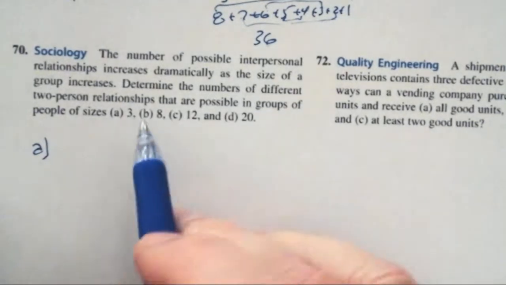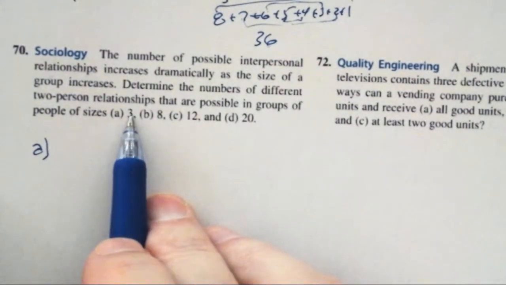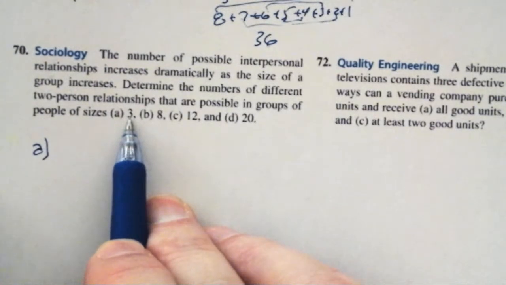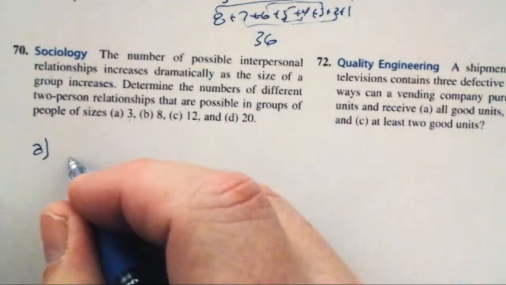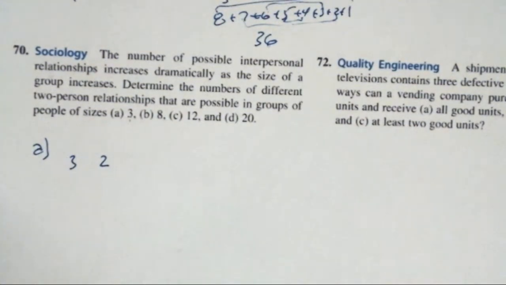So I'm looking for two people. I want to choose groups of 2. How many groups of 2 people to handshake or have a relationship can we have? I have 3, I'm selecting 2. If I choose Bob and Jeff, does it represent the same relationship as Jeff and Bob?